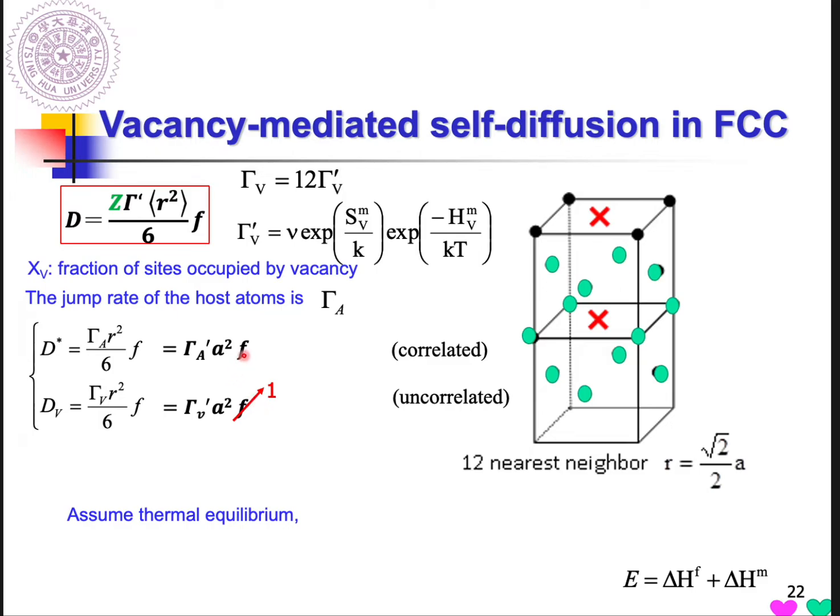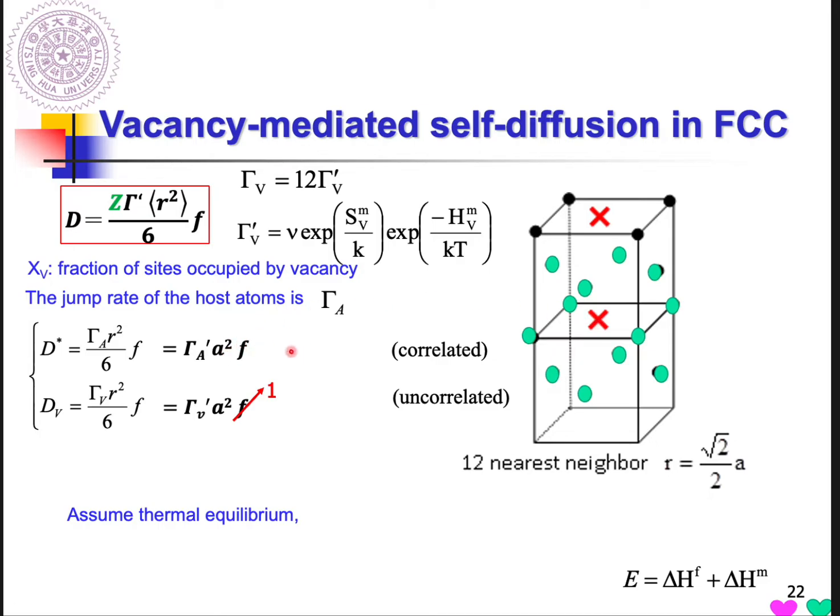But if you consider the atoms, atoms can only jump as long as there is a nearby vacancy surrounding them, right?